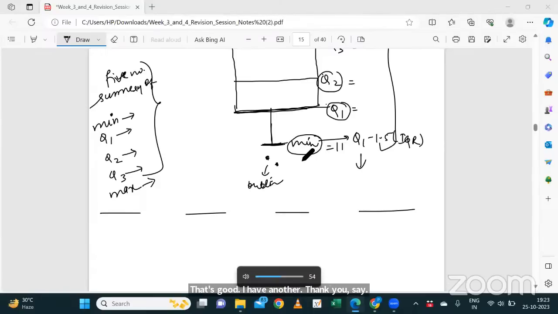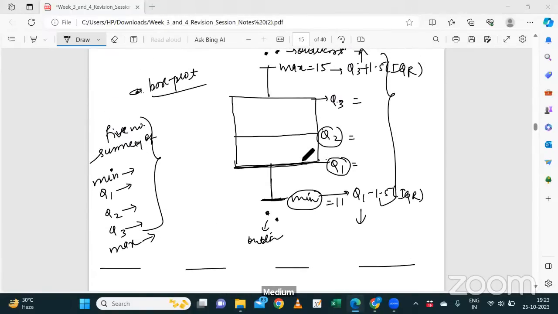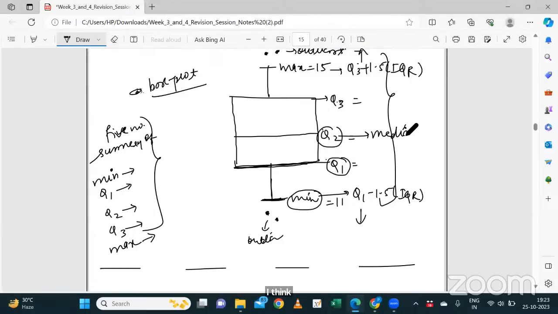Q2 is always treated as the median, as we have just discussed.